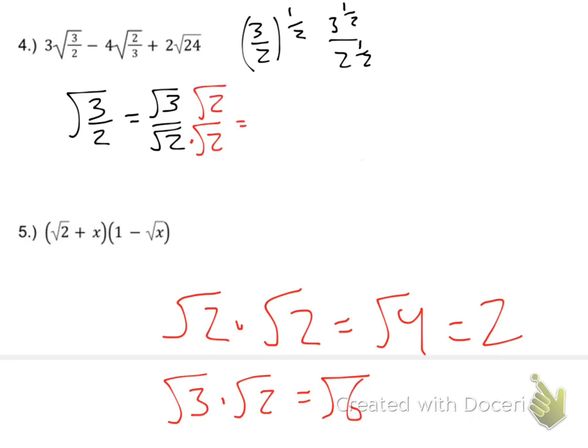And so, on the bottom, square root of 2 times square root of 2 will actually become square root of 4, which is 2. Square root of 3 times square root of 2, square root of 6. That is rationalizing. That's called rationalizing the denominator.